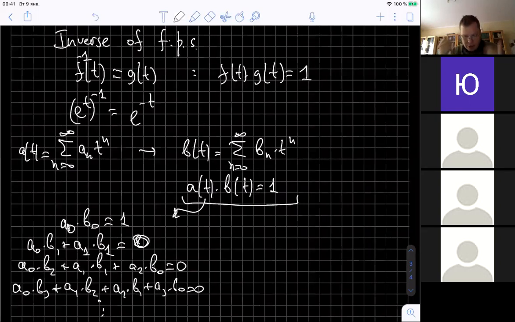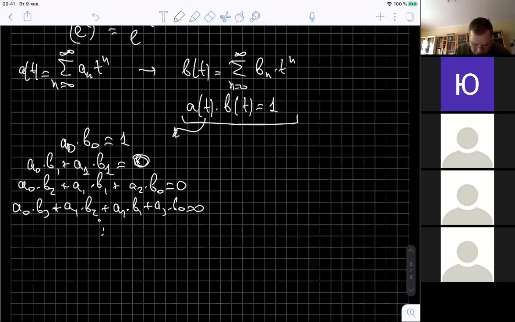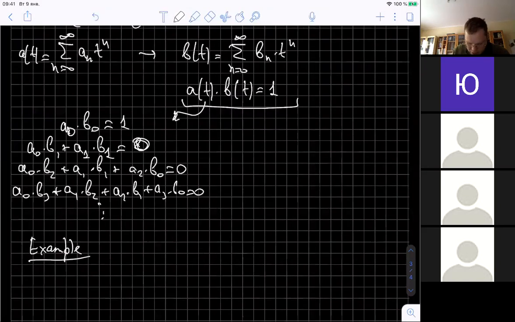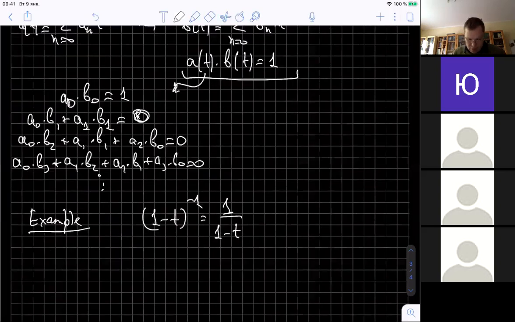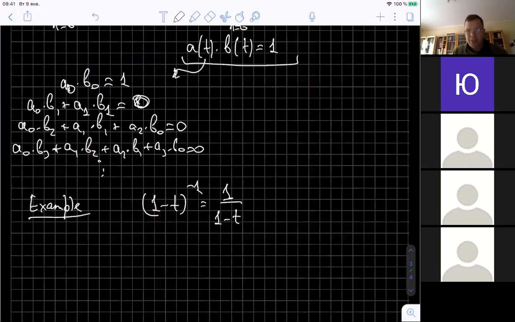But how can we find it? We can solve the linear equations. For example, let me find the inverse of 1 minus t, or we can write this as 1 over 1 minus t. We can use the usual technique, as with two integer numbers, the long division. We write 1 divided by 1 minus t.